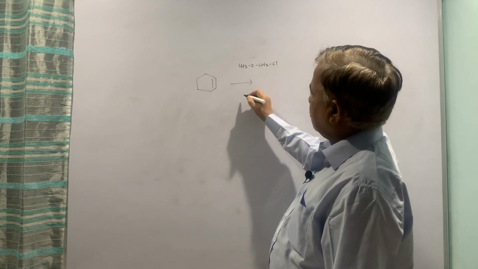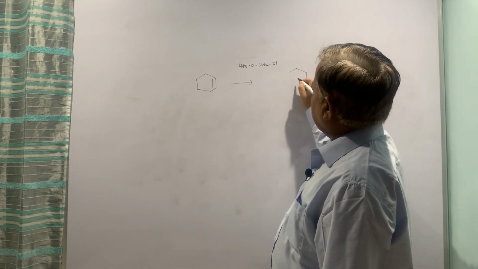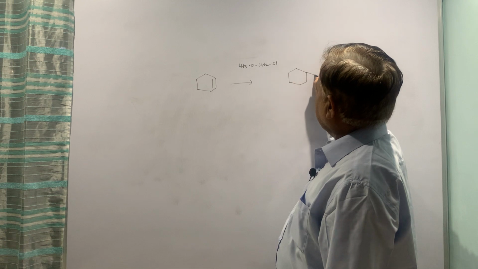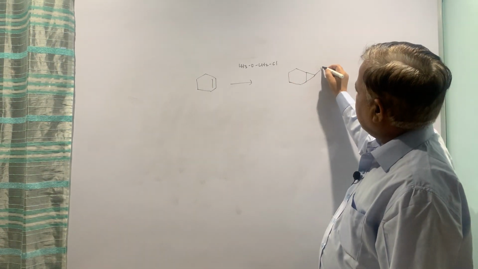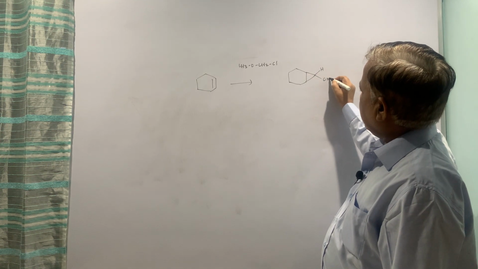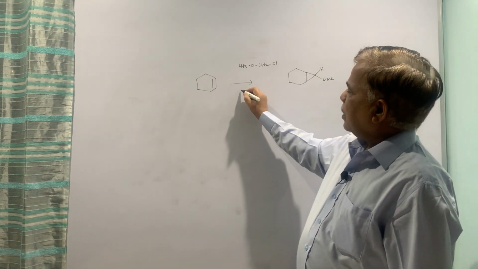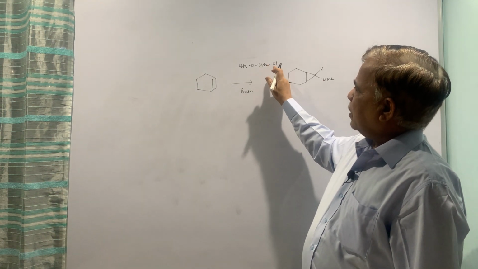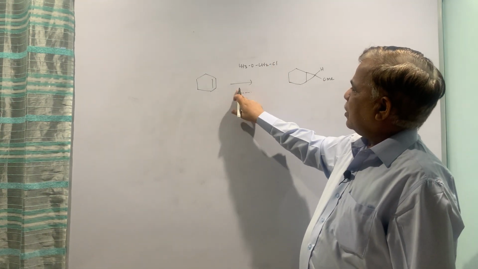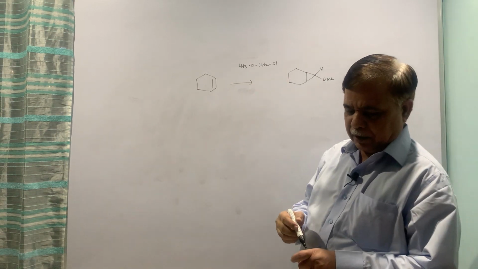So the expected product I am putting, that is going to be OMe, with base of course, and 1,1 elimination and then addition takes place here.